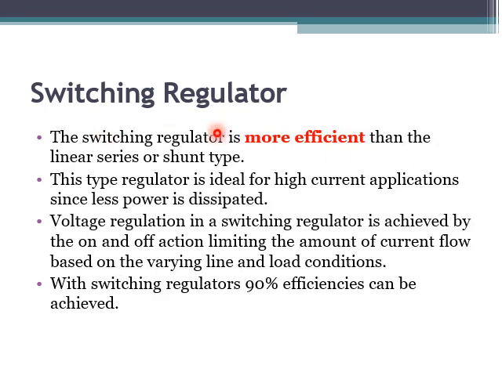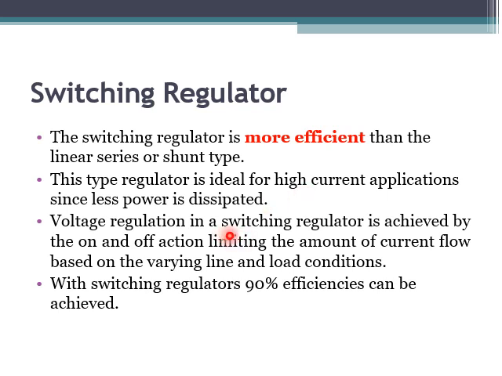Your switching regulator, when compared to the series and shunt type regulators, is more efficient. This type of regulator is ideal for high current applications, since very little power is dissipated. Nowadays we are worried about power, so when I want less power dissipation, I can go for a switching regulator.